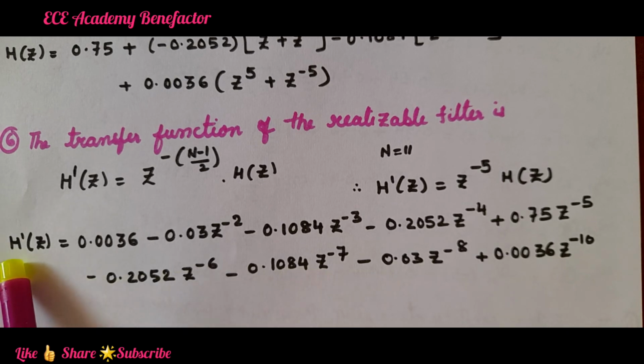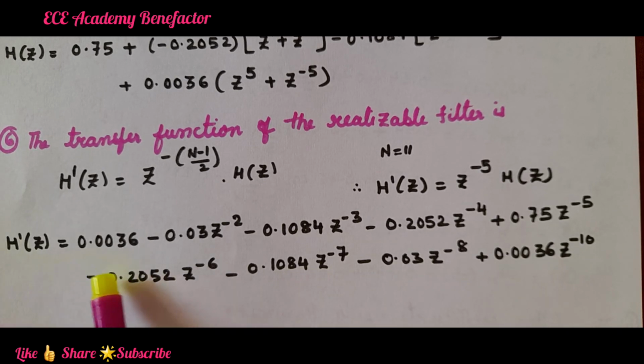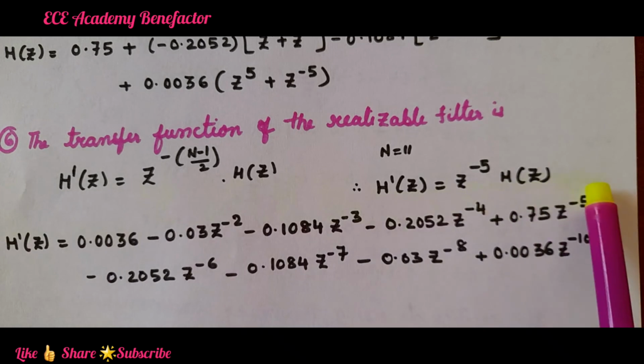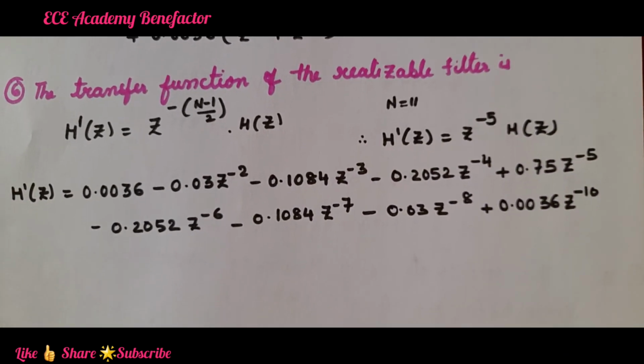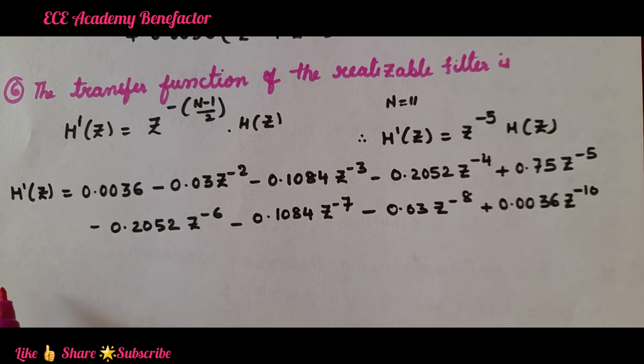So, we get H dash of z and it is physically realizable filter transfer function. Okay, so we obtained the transfer function of the realizable filter using Hamming window.